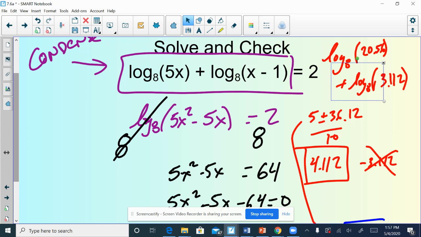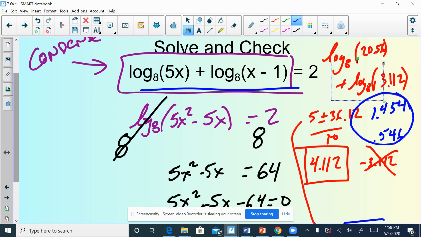Log of 20.56 divided by log of 8 is 1.454. And log base 8 of 3.112. Remember, we have to use the change of base formula. Log of 3.112 divided by log of 8 is 0.546. And these things do add up to 2, right? Which is the whole point. We're verifying that these things add up to 2, and they do.